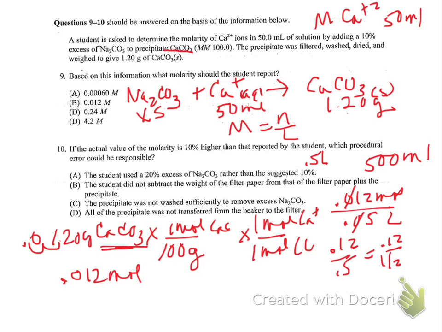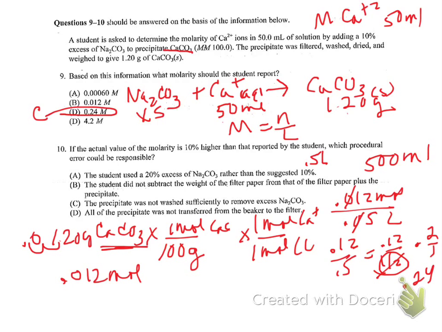If I am dividing by a half, that is the same thing as multiplying times the inverse, 2 over 1, which gives me 0.24 molar. So my answer is going to be, it should say C, but it's the third choice, 0.24 molar.